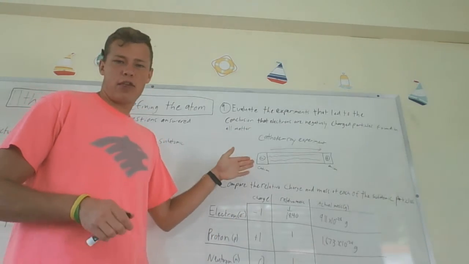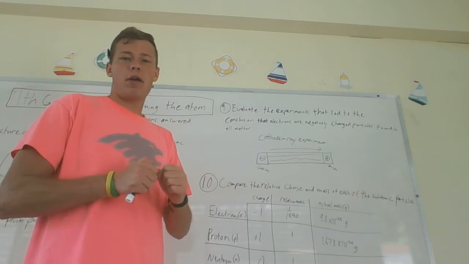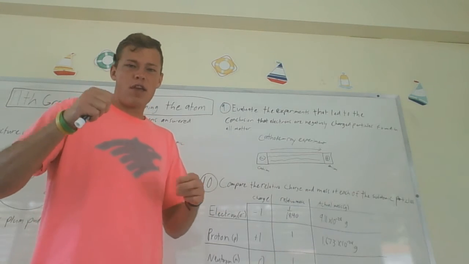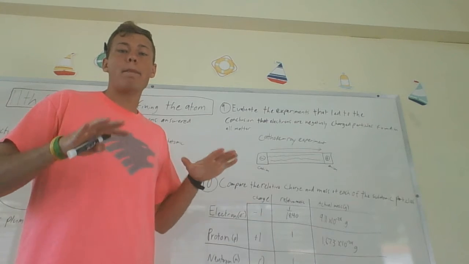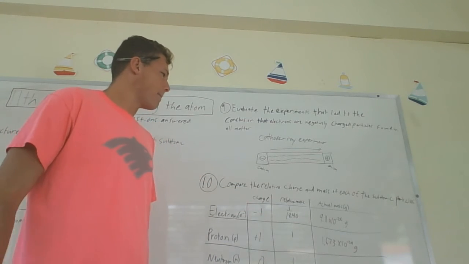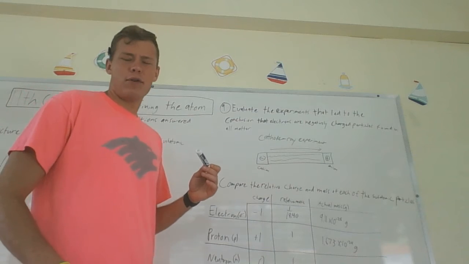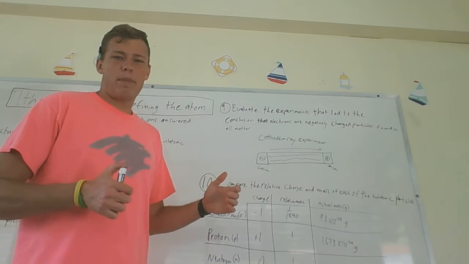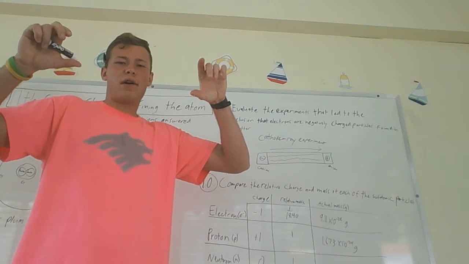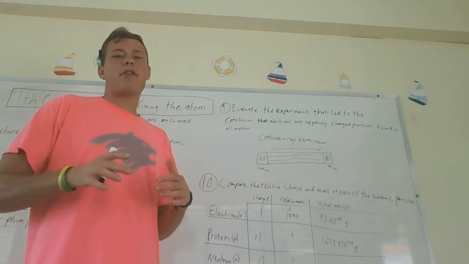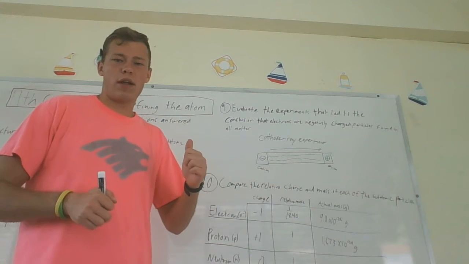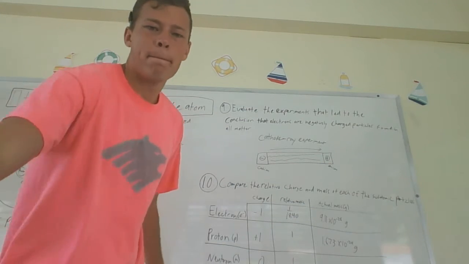I think that could be a little confusing, but basically they passed electricity through a tube, and they changed variables, and there were always electrons. So then they were like, well, electrons must be in everything, okay?